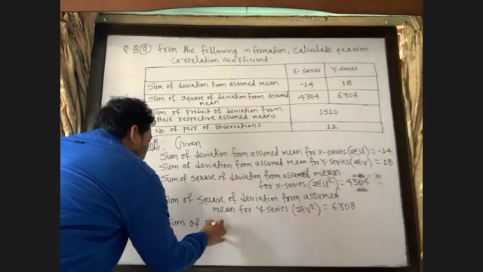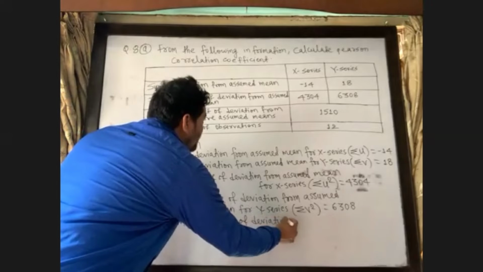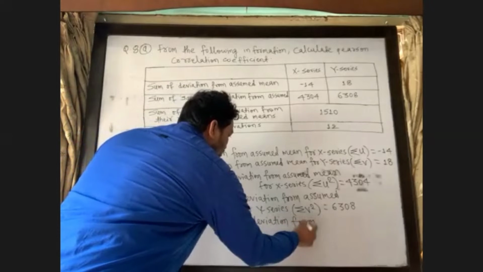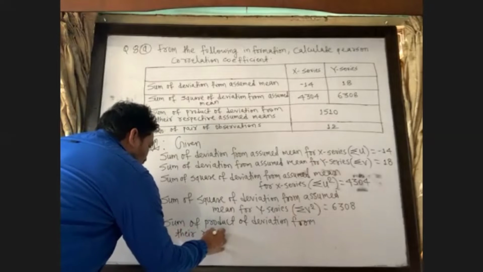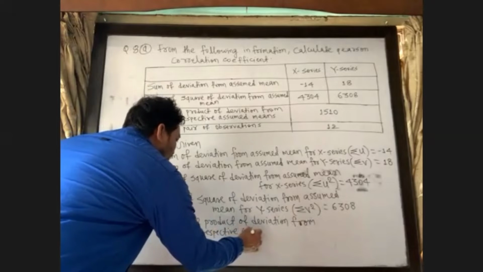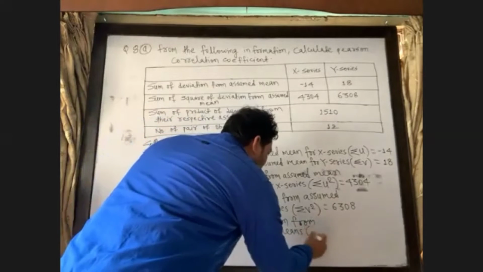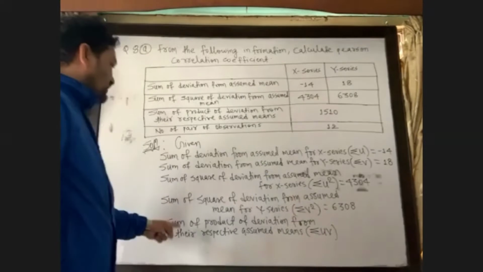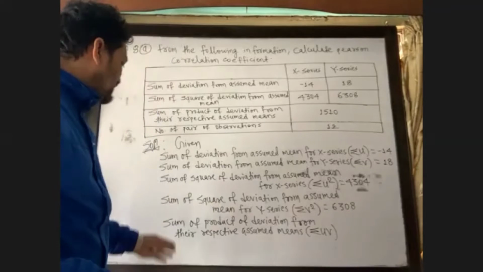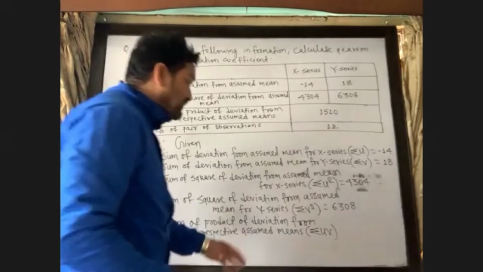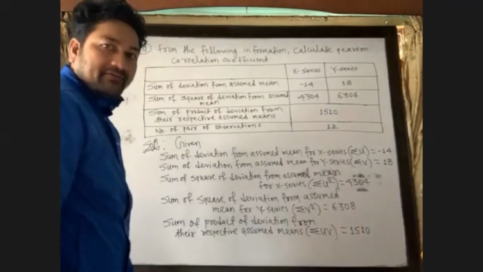Sum of product of deviations from their respective assumed means is summation uv. Summation uv is 1510.